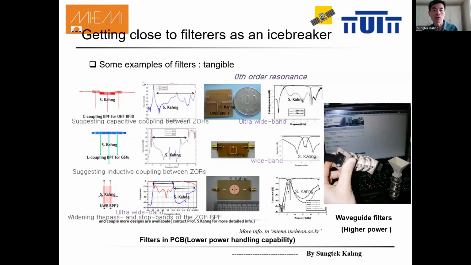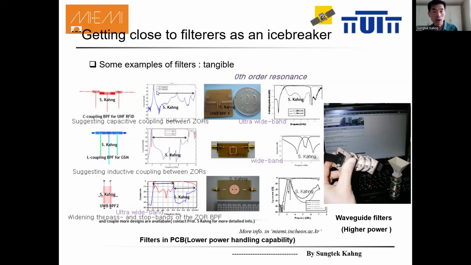Why? Most of their filters were not real zeroth order resonators or negative resonators, but I could prove why my filters are compliant with the definitions of composite right and left handedness.